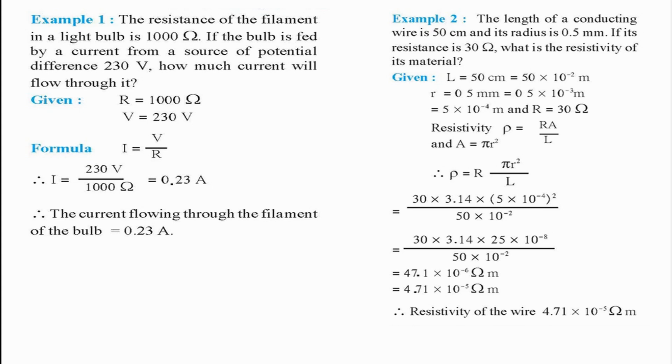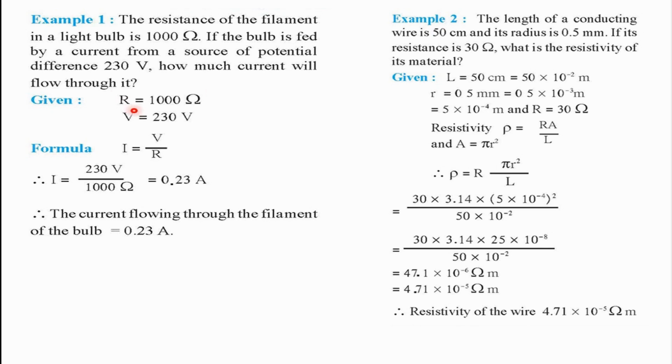The first example: a bulb has a filament with resistance 1000 ohms. We have to find the current flowing through it if the potential difference is 230 volt. Here we simply apply Ohm's law.